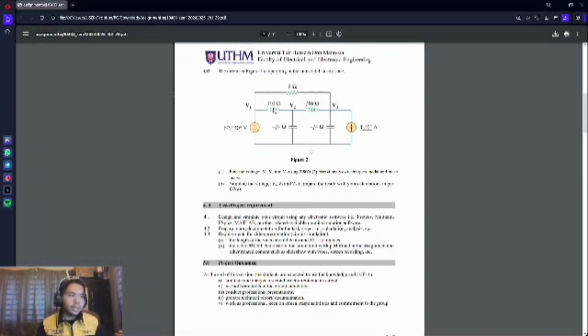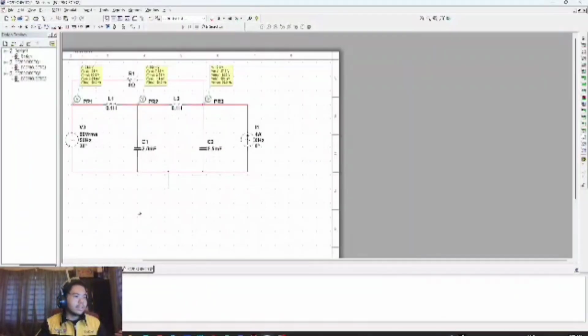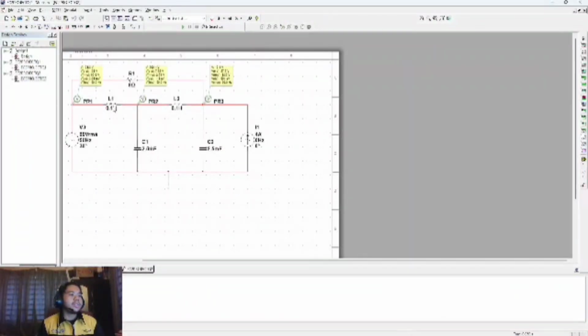So we use the formula j omega L equals j 2 pi f L. And for the capacitance, we need to change the imaginary number to the real number using the formula negative j over omega C equals negative j over 2 pi f C. And then we can get the value for the inductor 0.1 Henry and the capacitance 2.5 millifarad.